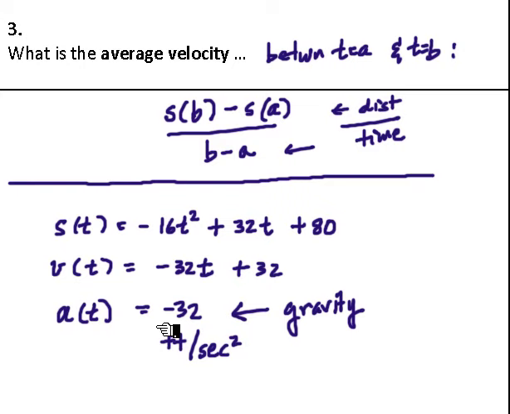It's just a constant function, because gravity is the only thing acting on the ball that's being thrown up and falling down again. So usually we're not asked questions about the acceleration function in the vertical free-falling object problems. Usually it's in the horizontal motion problems that we might be asked a question about acceleration.